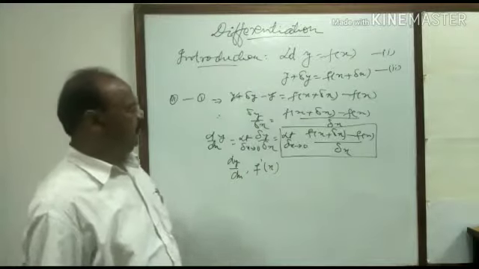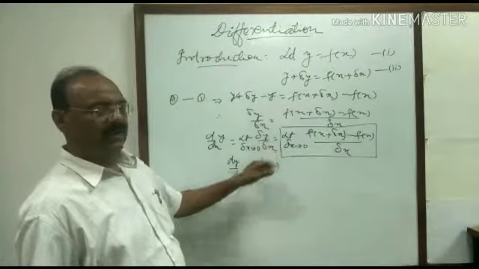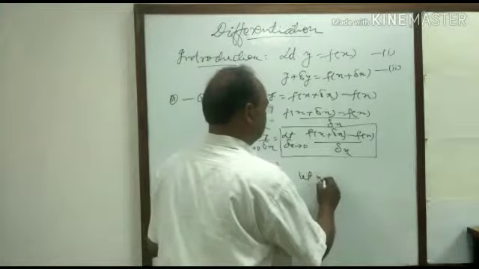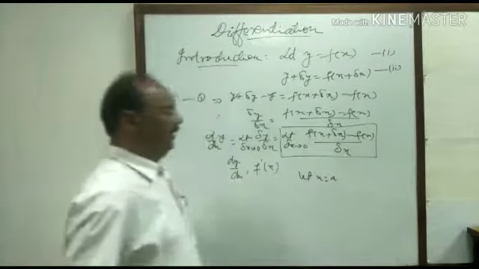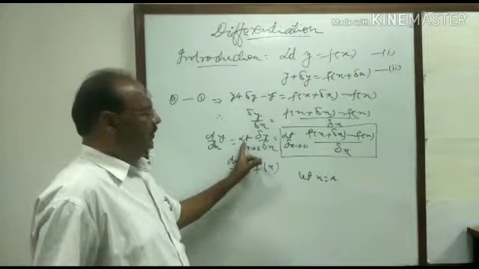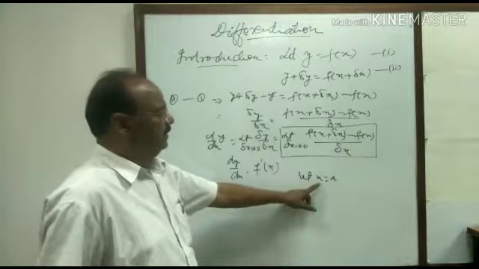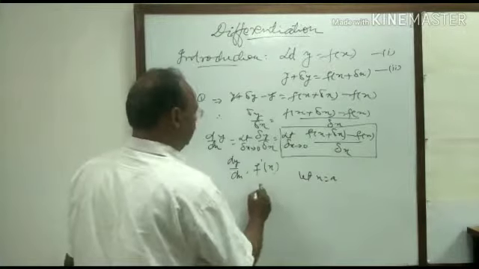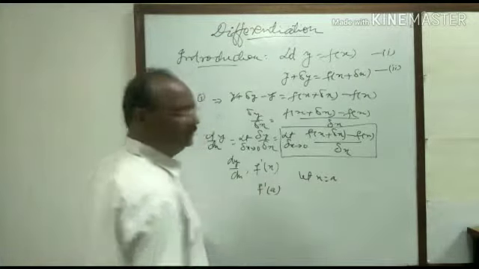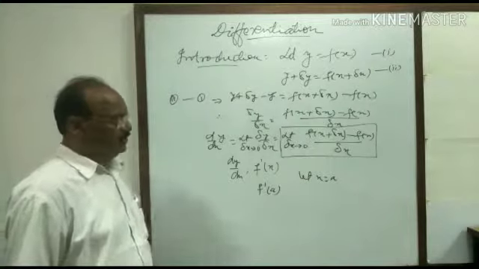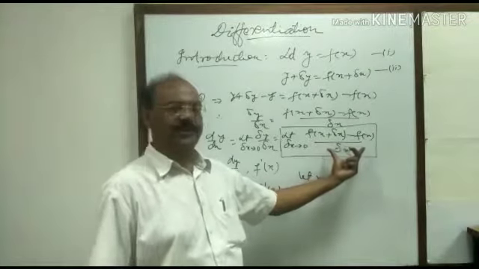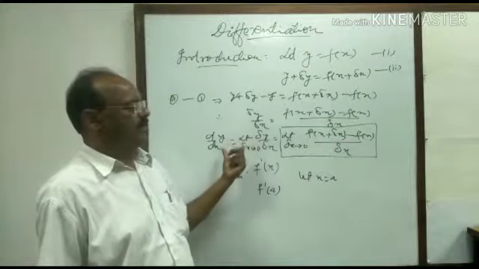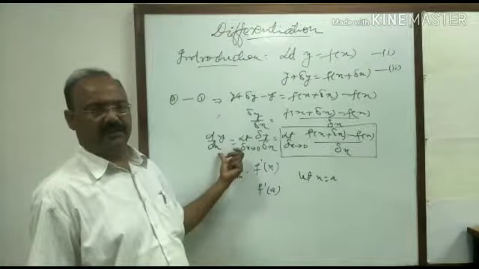If we find the derivative of y with respect to x at any particular value of x, suppose x is equal to a, we find the derivative of y at x is equal to a, then we will write f dash a. So you have to remember this expression. This gives us the derivative of y with respect to x.